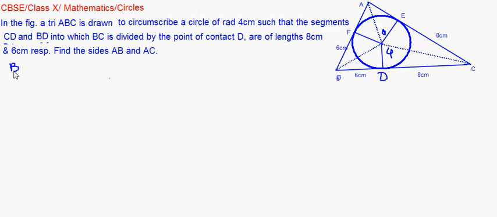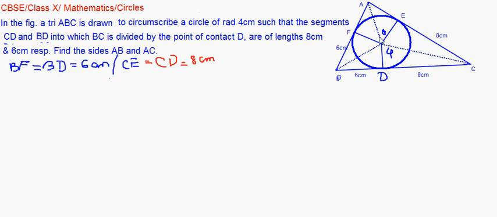In that case, BF is equal to BD is equal to 6 centimeter. CE is equal to CD, and they are equal to 8 centimeter.